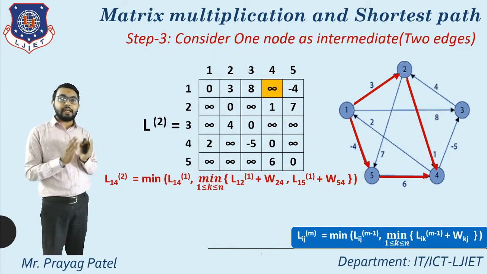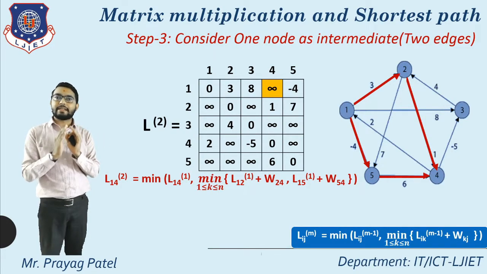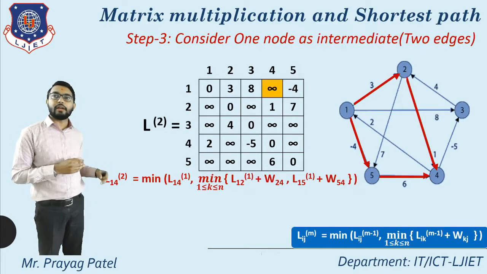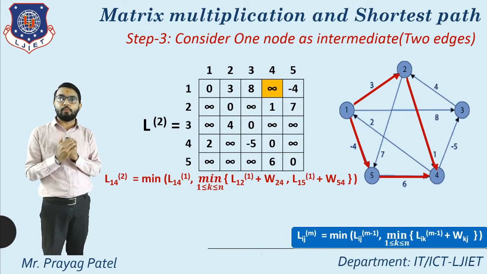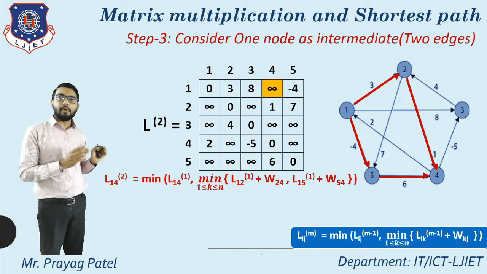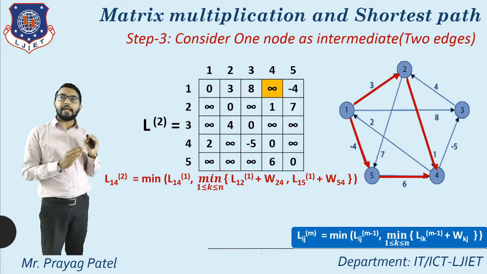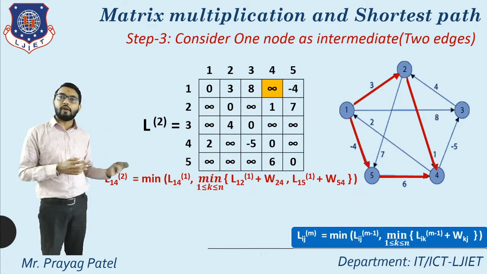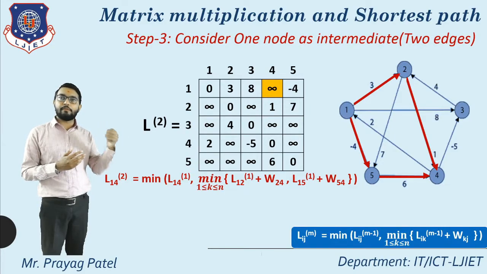Now what is the k? Intermediate node consider as k. So here consider L of 1 for 2. Here consider 2 means table number 2 because here consider 2 edges. So consider L2. So here consider L1 for 2 equal minimum of L ij m minus 1, means L1 for 1, old value of L1 for.